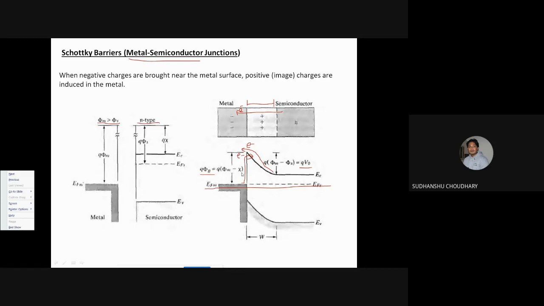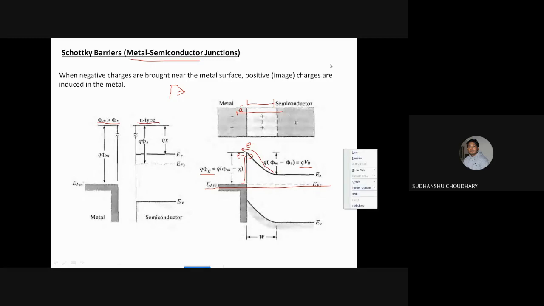Now we also commented yesterday that we do not want such kinds of barriers. This is undesirable because any diode or any device would be expected to be connected to other devices also.